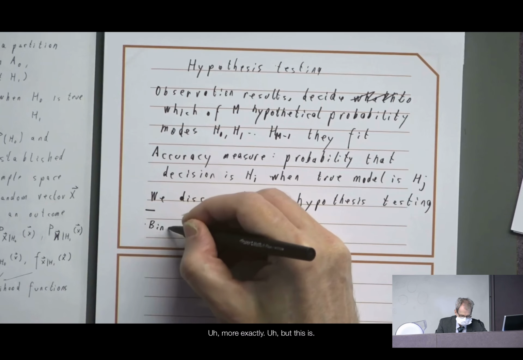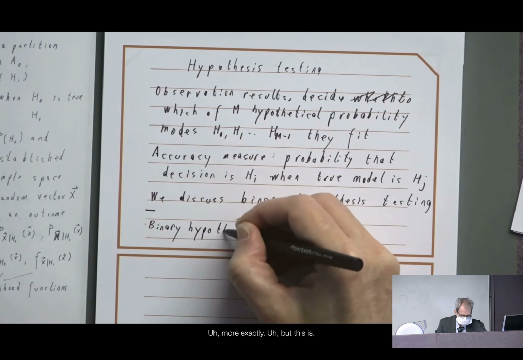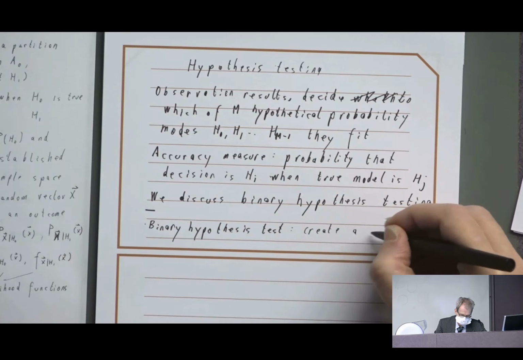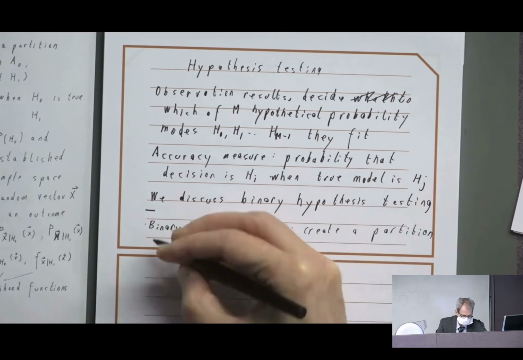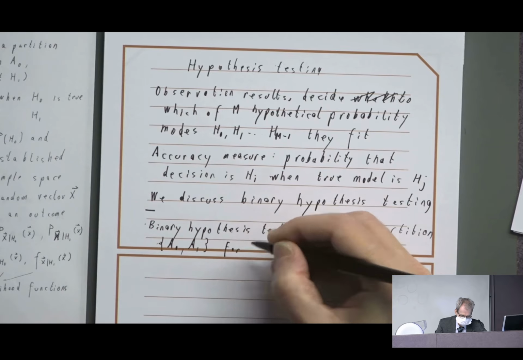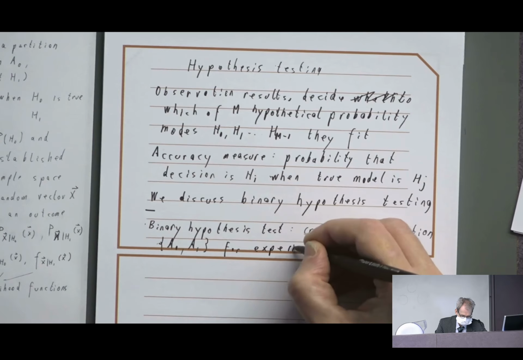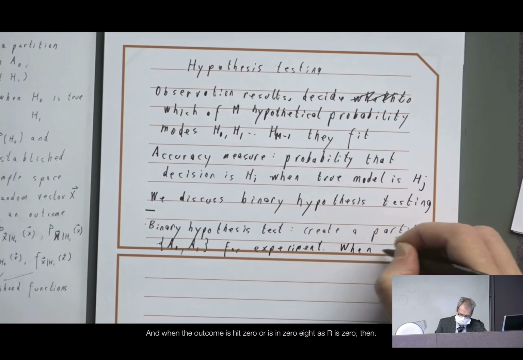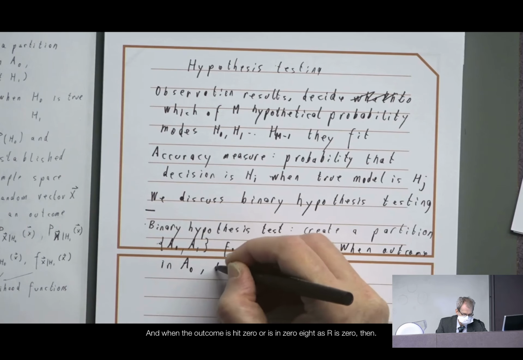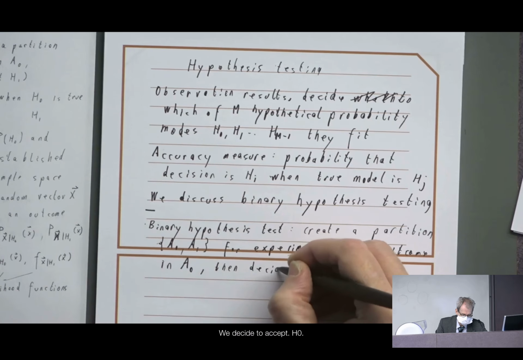Hypothesis testing. We create a partition A0, A1 for an experiment. And when the outcome is in A0, then we decide to accept H0.